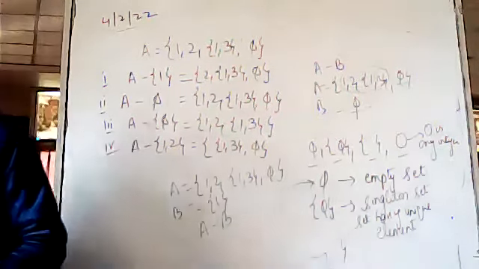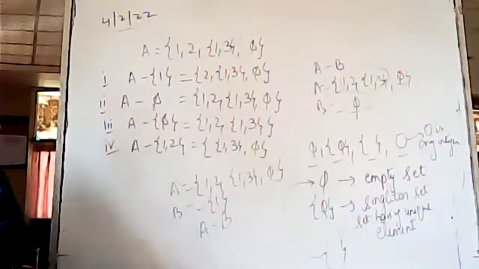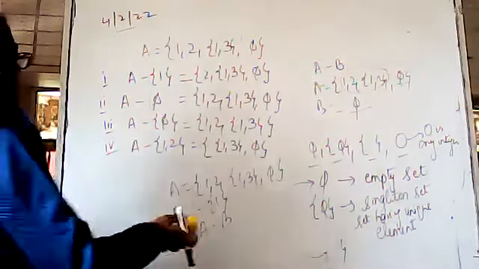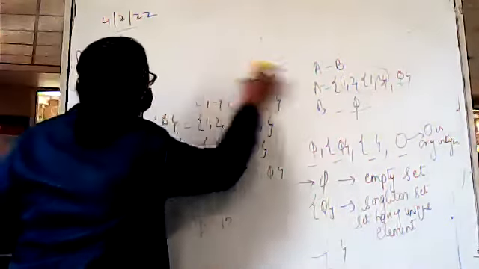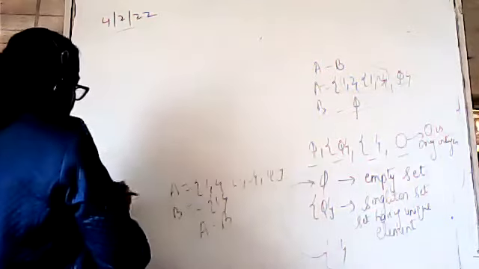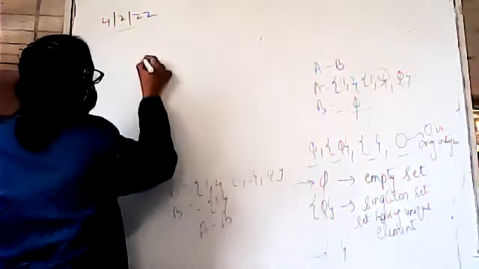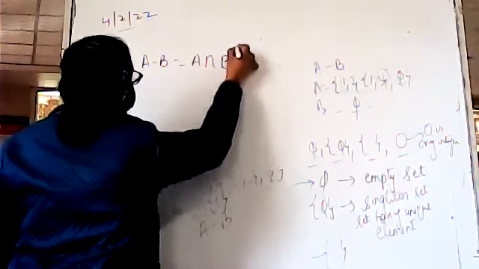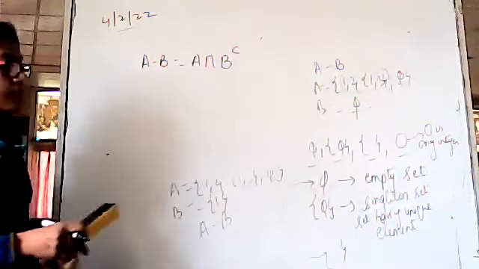Next is, first of all, write one result, that is A minus B. A minus B can be written as A intersection B complement. Okay, this is the result.